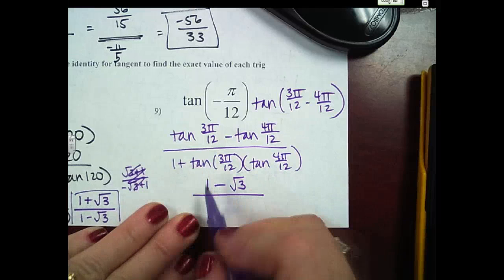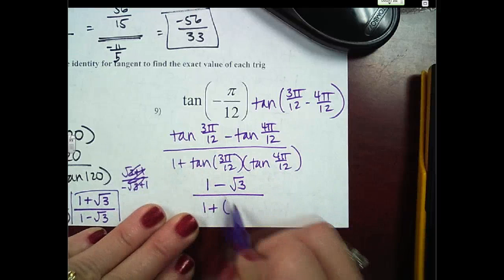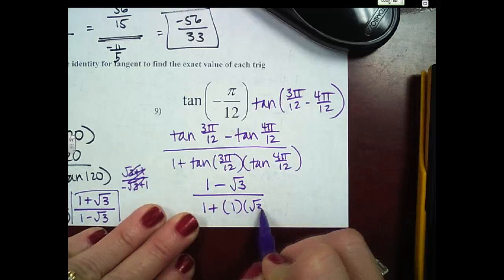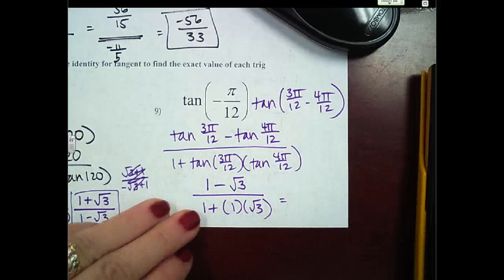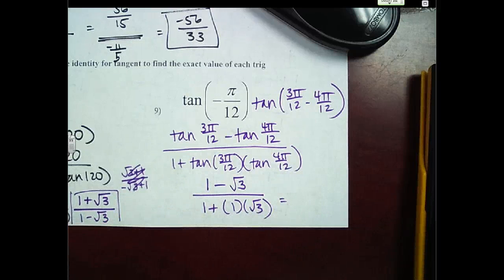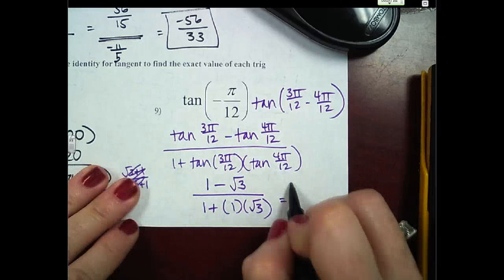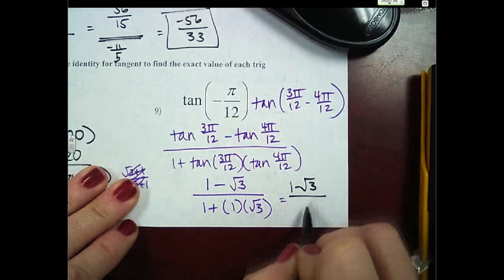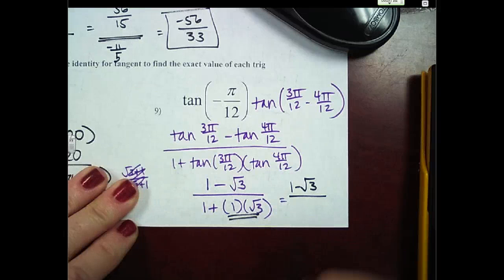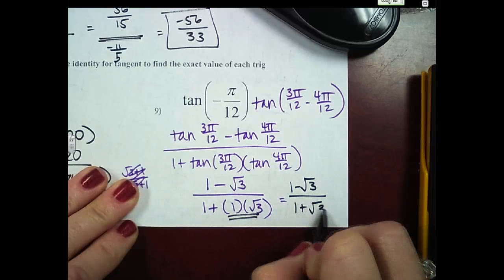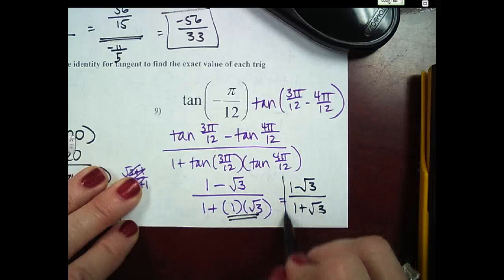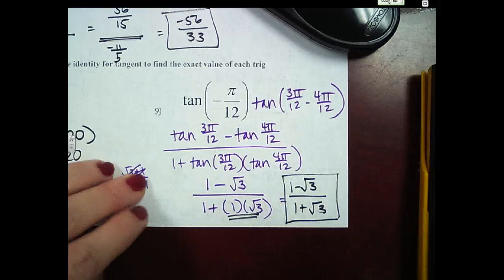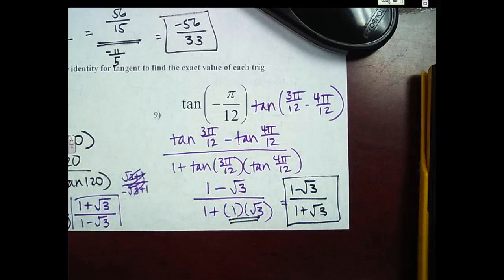Over, I'm going to do 1 plus, and you multiply those together. So then your final answer would be 1 minus root 3 over, and you multiply first, so 1 plus root 3. So 1 minus root 3 over 1 plus root 3.